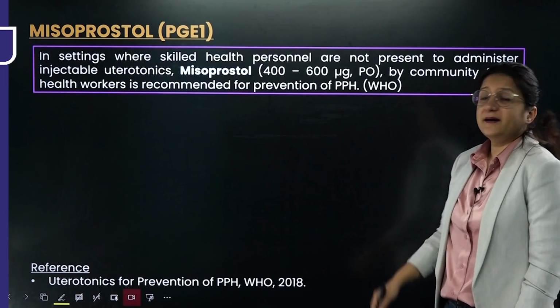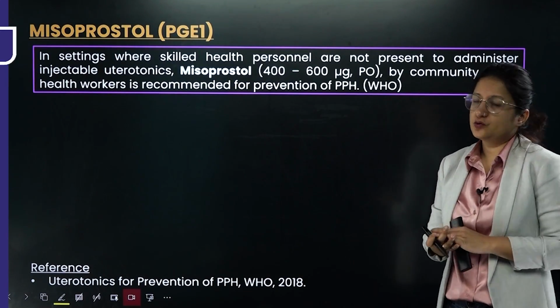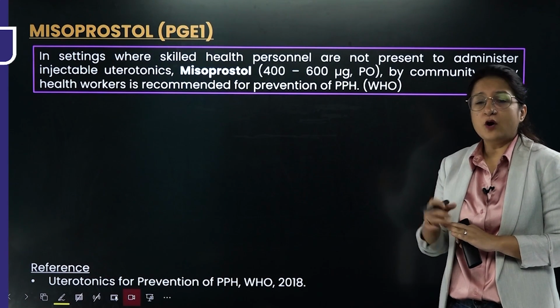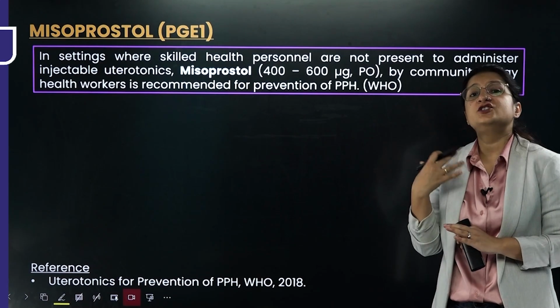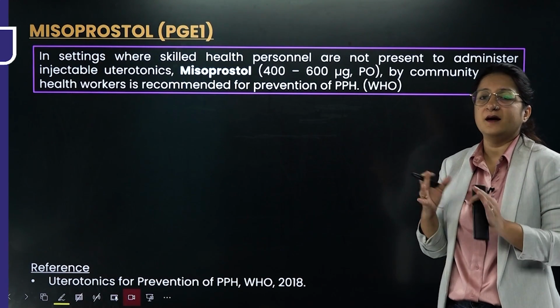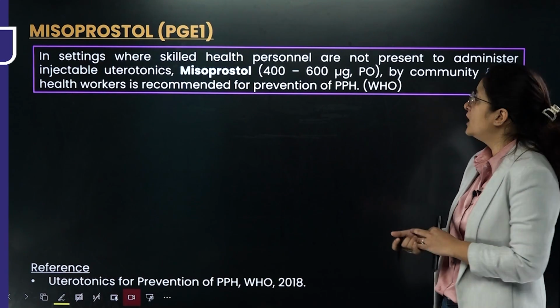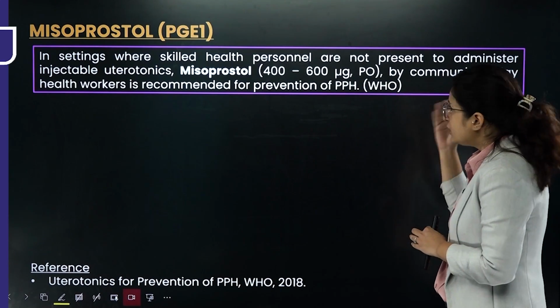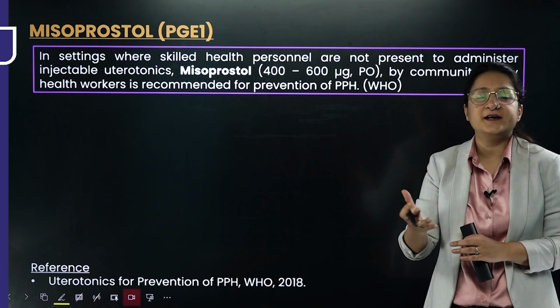Now let's talk about the recommendations on the use of misoprostol, that is PGE1. Now in the settings, let's say where oxytocin or the other injectable uterotonics are either unavailable or they cannot be used. For instance, there is skilled health personnel, they are not present to administer injectable uterotonics.